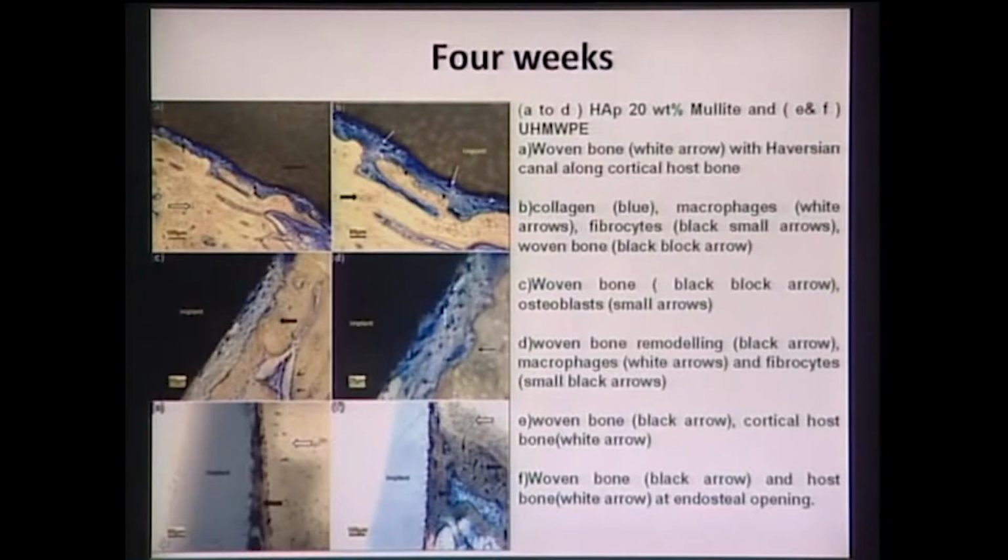Around this implant zone, you can clearly see the tissue formation, and there are also multiple different cell types which stain differently with Stevenel's blue. You are seeing some blue colored cells, and also some differently colored cells here.